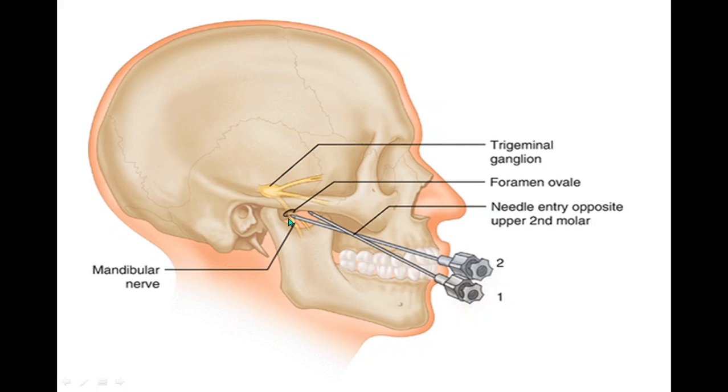For example, here they are trying to block the mandibular nerve by injecting an anesthetic agent so that they will relieve the pain for the patient. So that is the treatment aspect of trigeminal neuralgia.